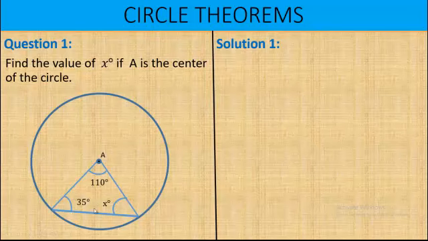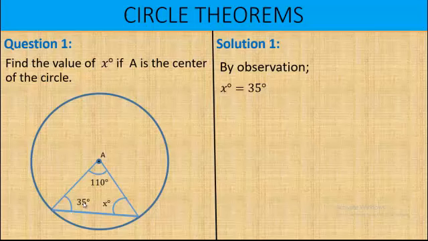So knowing that the base angles are equal, if one of them is 35 and the other is x degrees, it tells you that x degrees is equal to 35 degrees by observation. And you are done. Very simple. I hope you are laughing because you had the answer correct.